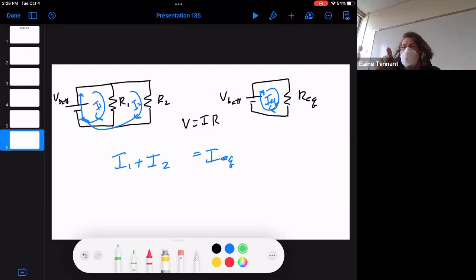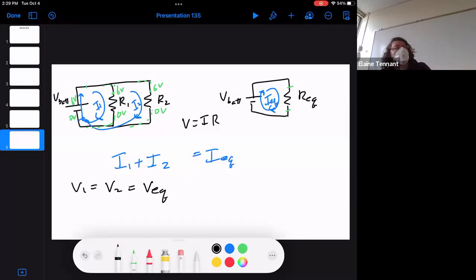Yeah, so if it starts at 6 and ends at 0, it's at 6 until it hits there, and 6 until it hits there, right? So they need to be the same, right? Does that make sense? And of course, the same thing would be over here. If this battery is at 6 volts, the voltage across that resistor will be 6 volts. So we can say V1, the voltage across resistor 1, equals V2 equals V equivalent.